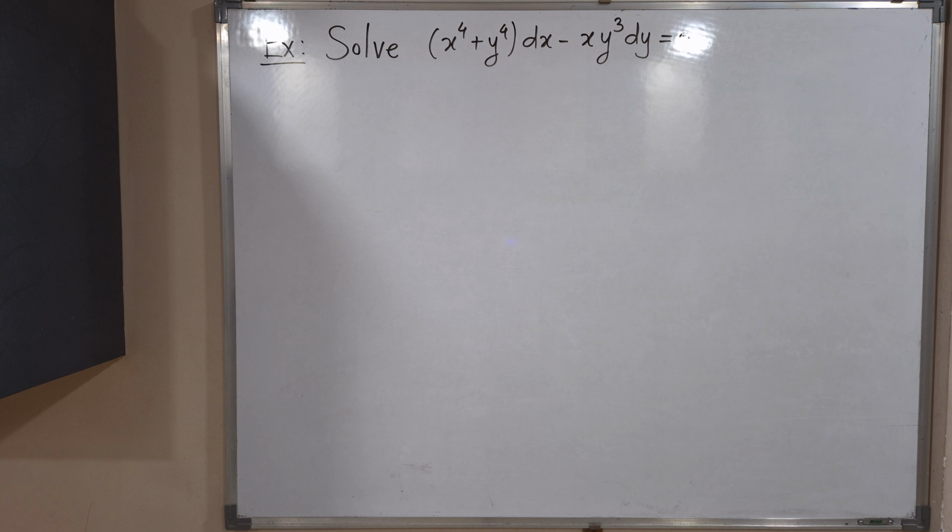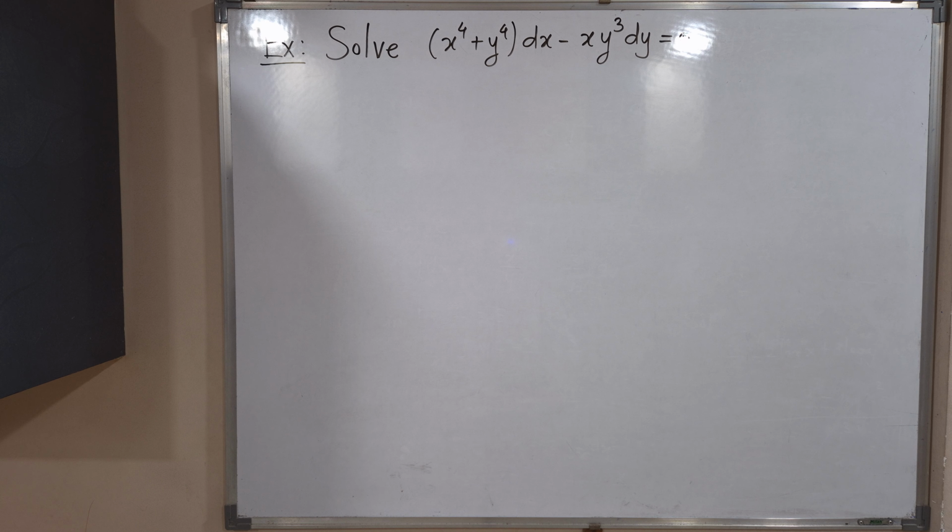Let us find the second one also. ∂N/∂x. What is my N? I should consider minus xy cube. Whatever the constants are, we take them outside first. The minus 1, that minus sign, comes outside, and as we are differentiating with respect to x, y cube is constant, so I take it outside.